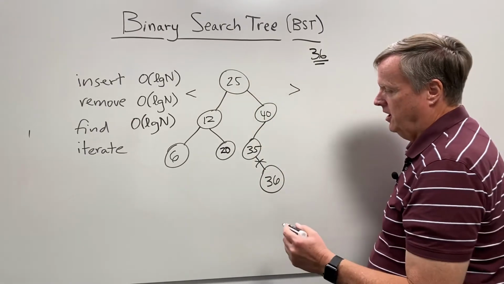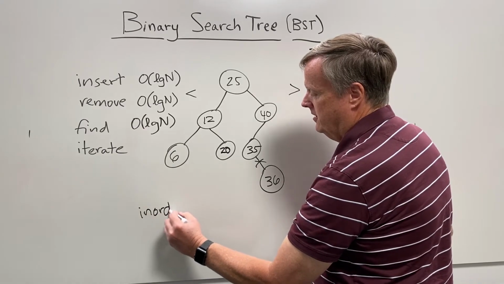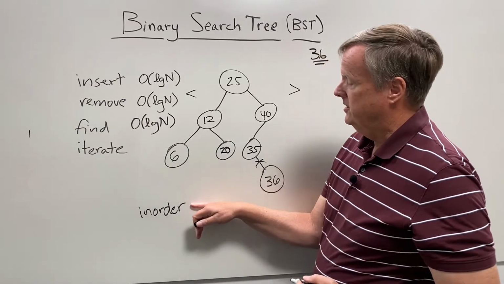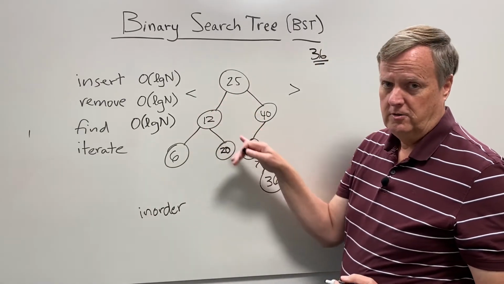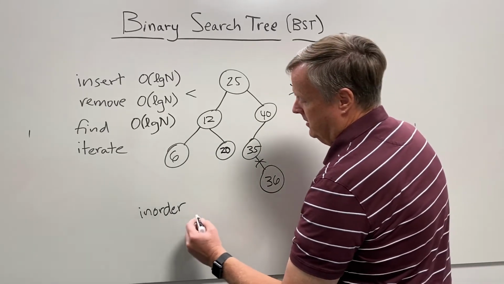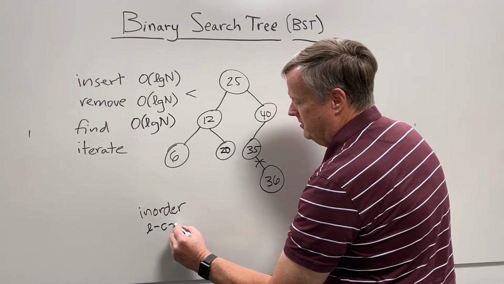The one that's the most common is called in-order traversal. It's called that because it will actually output all of the nodes in numerical order. And the sequence there is you go left, center, right.